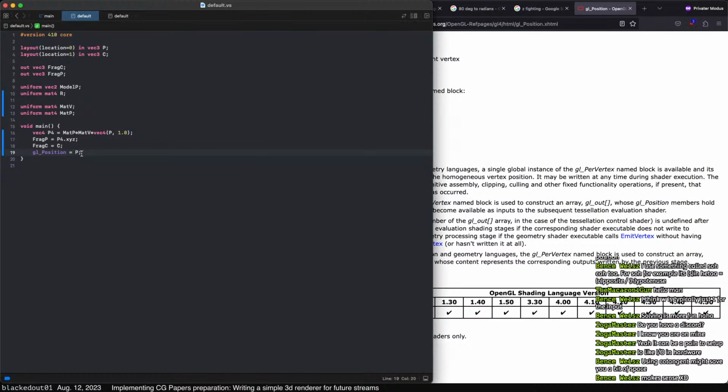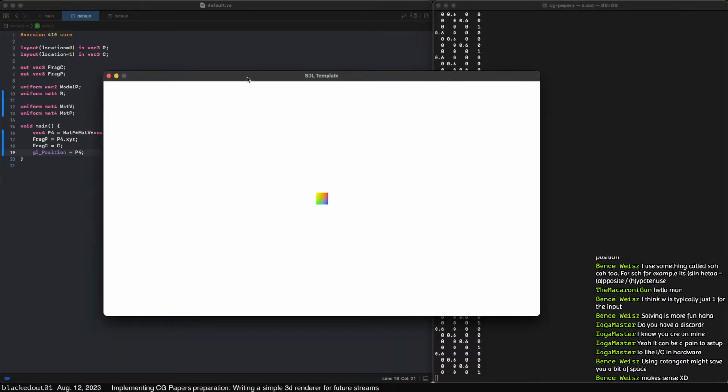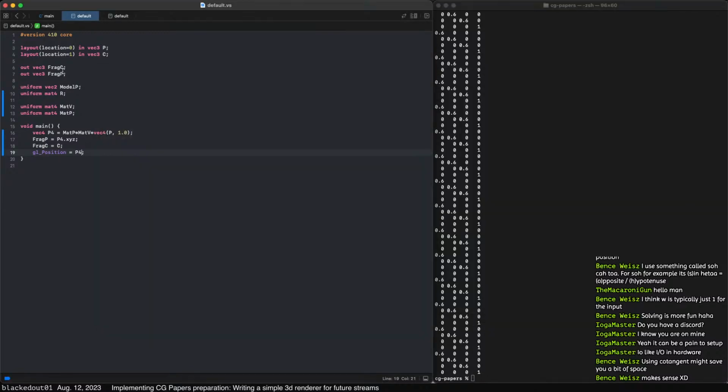Oh, I forgot the 4. And okay, that's a good sign. We can see something. And we can even rotate this. Nice. First try. Okay, very nice.